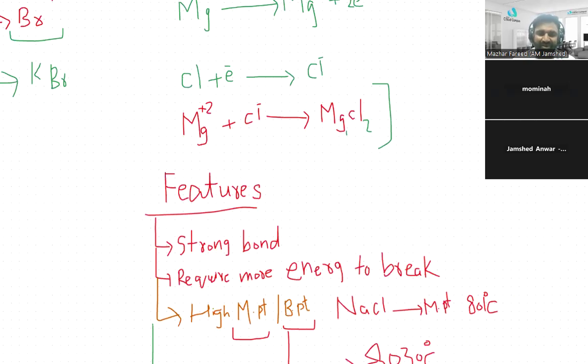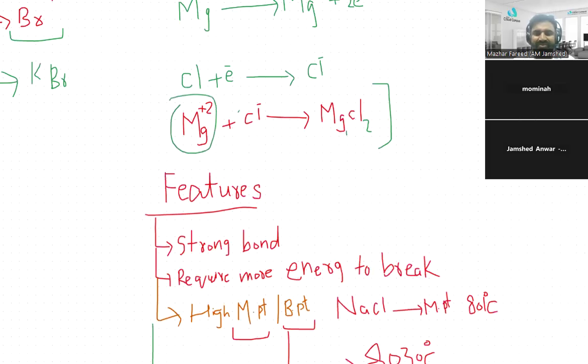When we talk about electricity conduction in metal, we see the presence of free electrons. When there are available free electrons, it means the metal can conduct. When there is no free electron in the metal, the metal cannot conduct electricity. But an ionic compound has ions, positive and negative.